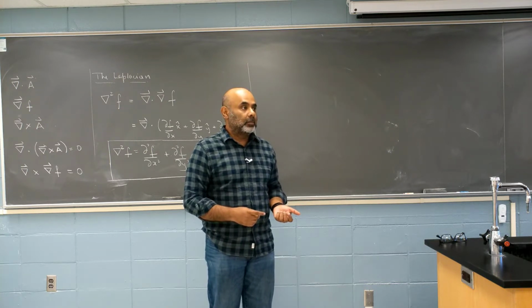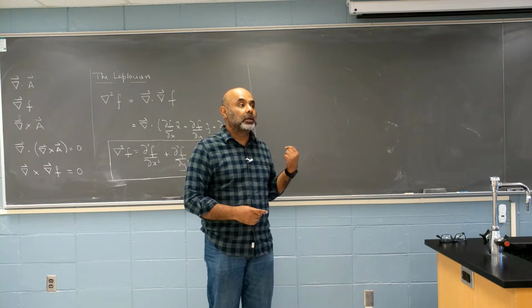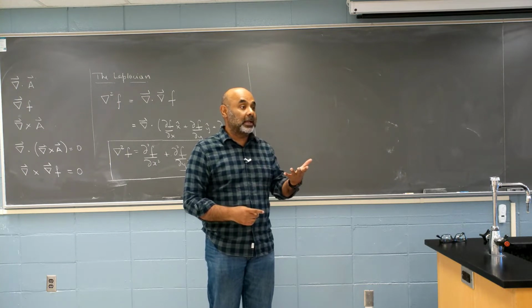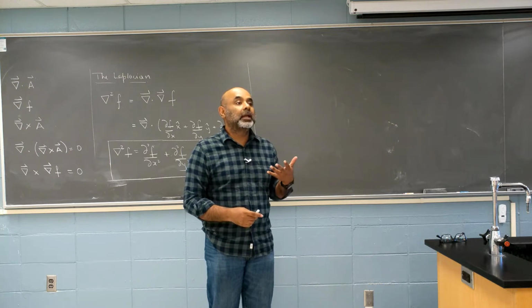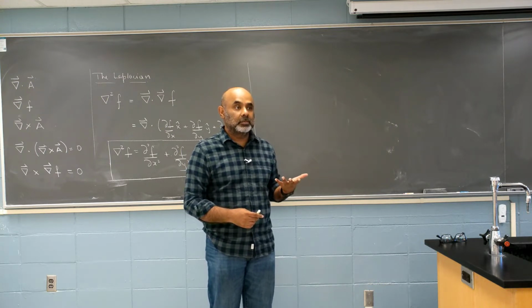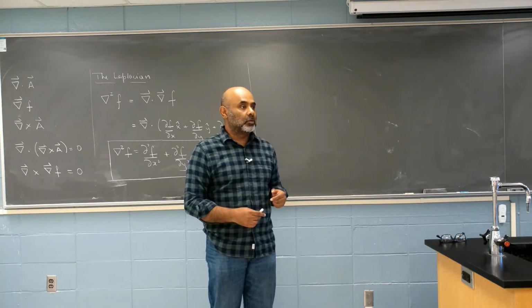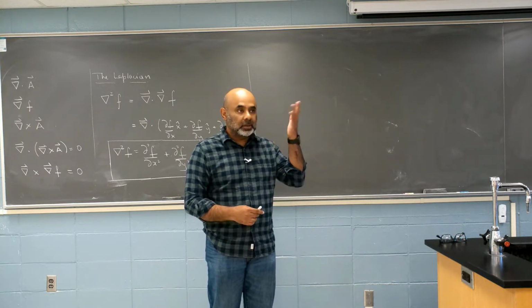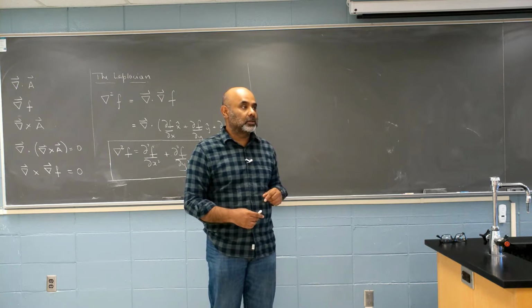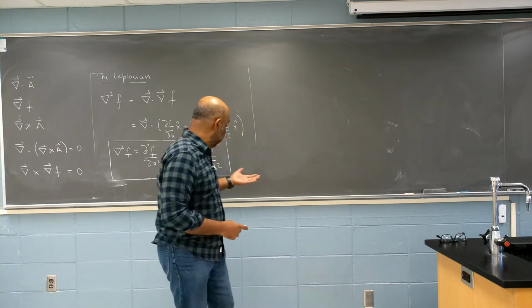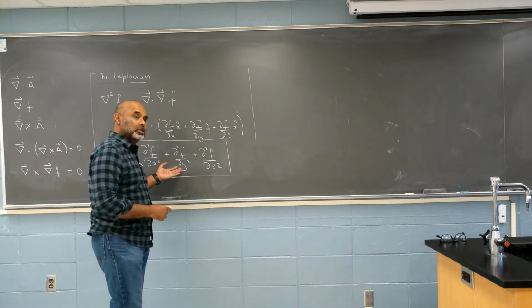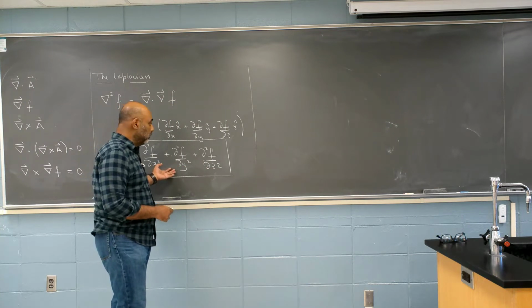It becomes very important both in electricity and magnetism and quantum mechanics. This is where orbitals come from. It's the Laplacian in spherical coordinate system. These are the eigenfunctions of the Laplacian in the spherical coordinate system. All the 1s, 2s, 2p, 2d, all of those orbitals come from this Laplacian written in spherical coordinate system.